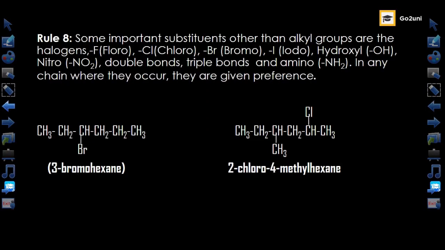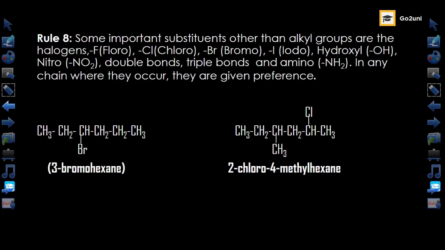Fluoro, chloro, bromo, iodo, or hydroxyl. Even nitro groups also may be present. Triple and double bonds may be present. When these species are present in a hydrocarbon chain, they are given preference compared to alkyl groups. That is compared to methyl or ethyl. They are given preference. So let us take a look at more examples.